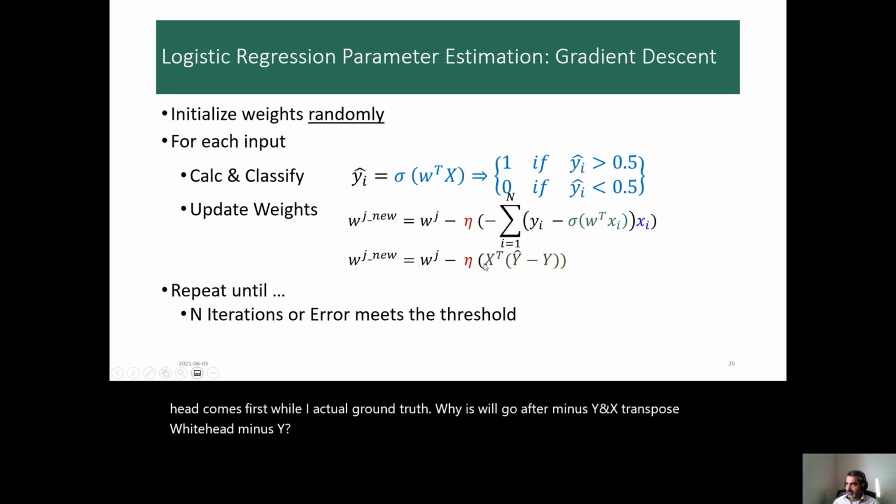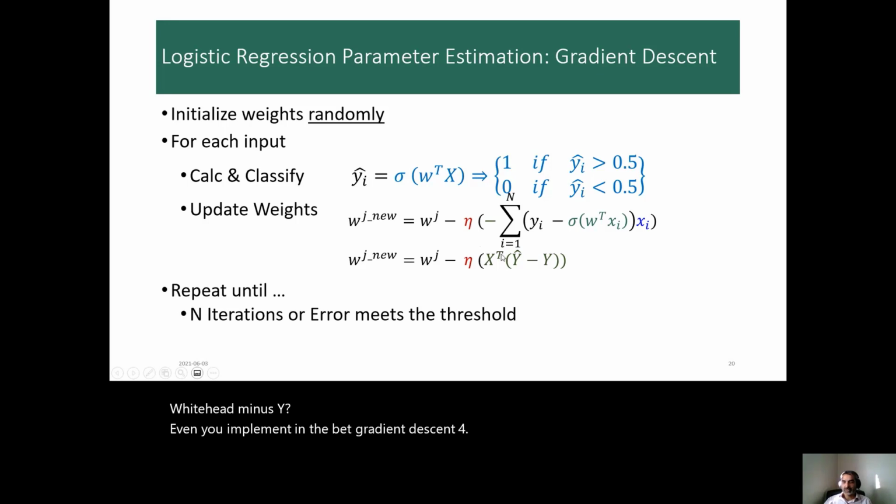When you implement batch gradient descent for logistic regression, you will be doing this. X transpose (y hat minus y) multiplied by eta, an arbitrary number, will give us the new W.